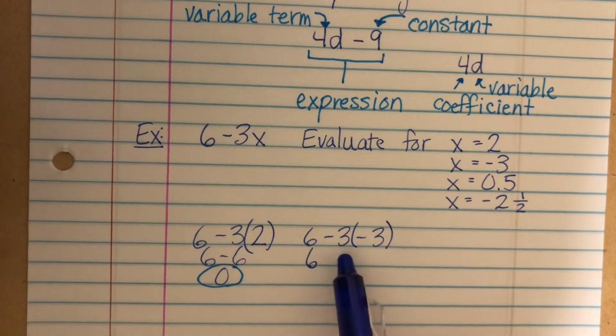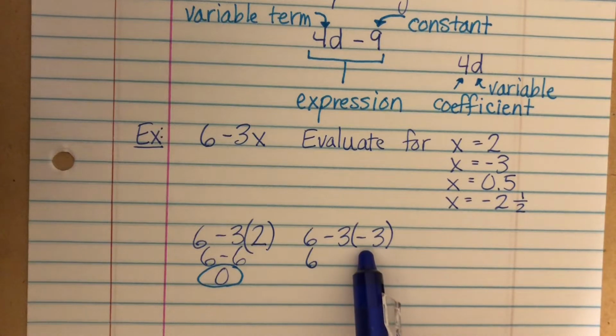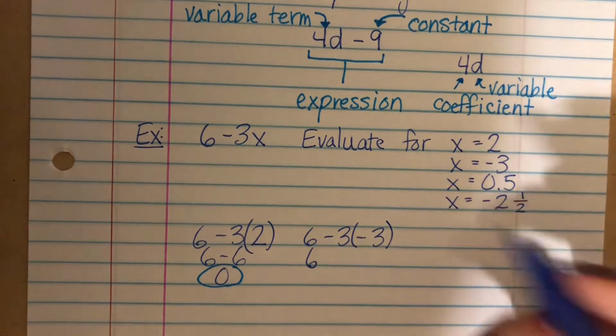I want you to see this as negative 3, okay? So when the sign in front of any number like this, just assume that that is a negative 3, okay? If this was minus 5, then we would consider that negative 5. All right, so negative 3 times negative 3 is a positive 9.